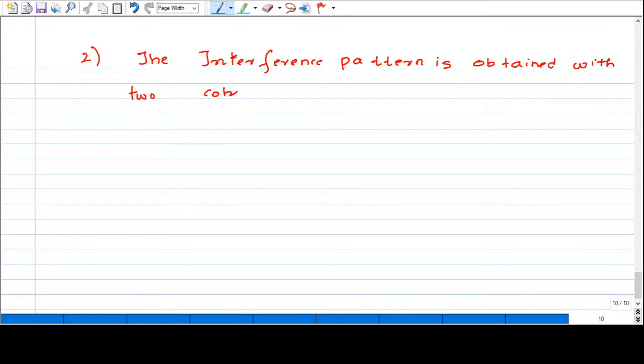Now, the interference pattern is obtained with two coherent light sources of intensity ratio 4.